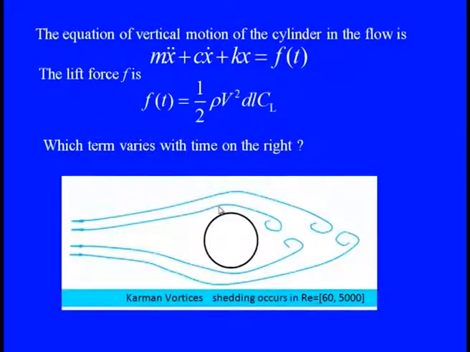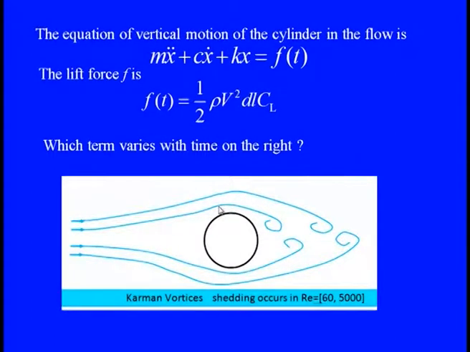So the equation of motion is simple, because we have three main components: the mass with the inertia force, the damping C with the damping force, and the stiffness with the restoring force, and then it equals the forces coming due to the velocity v, which are termed the lift forces. So f of t is equal to half rho v squared d L C_L, where rho is the density, v is the velocity coming in, and all other features are the dimensional details.